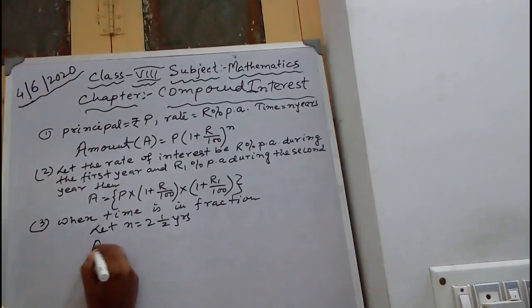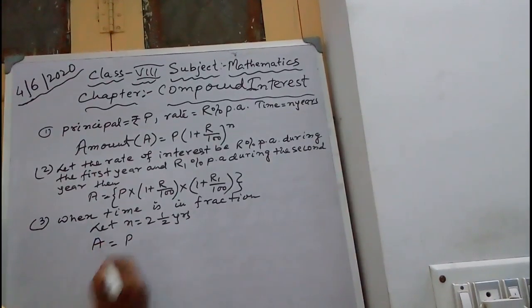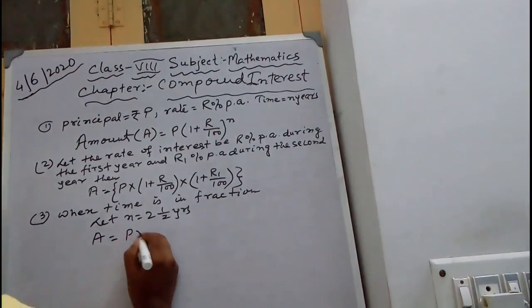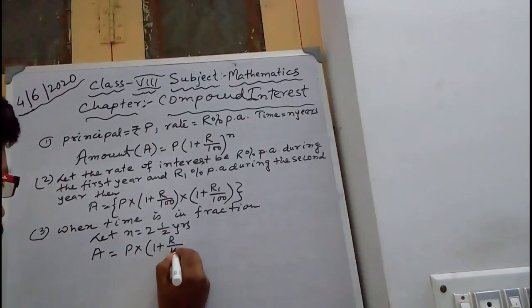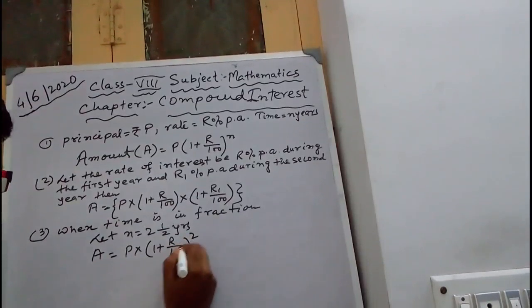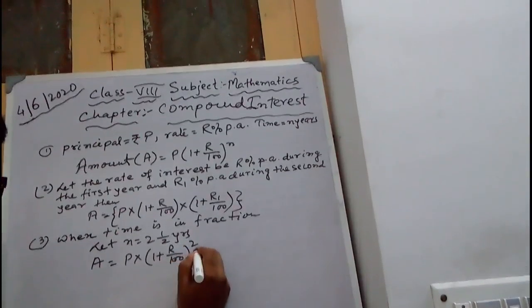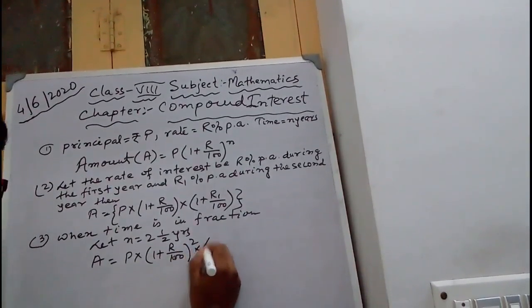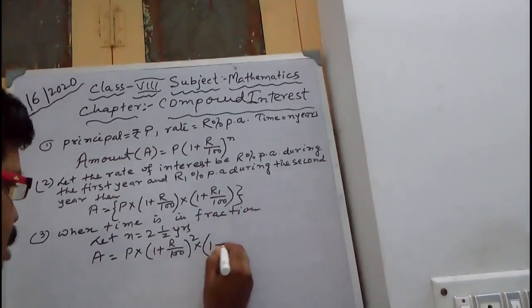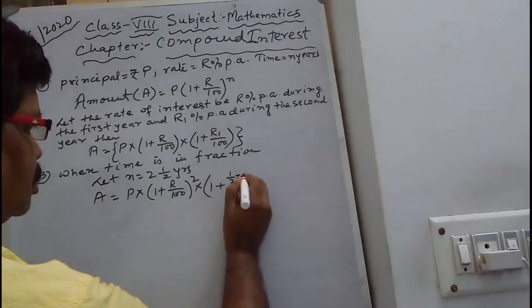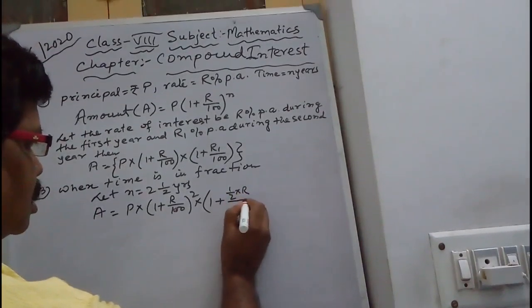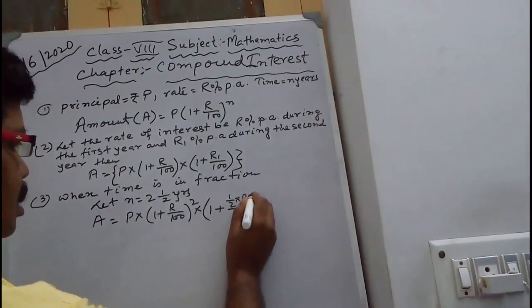Then amount equal to P into (1 plus R by 100) power 2 into (1 plus 1 by 2 into R by 100).